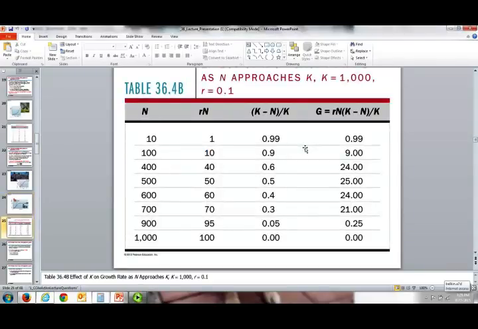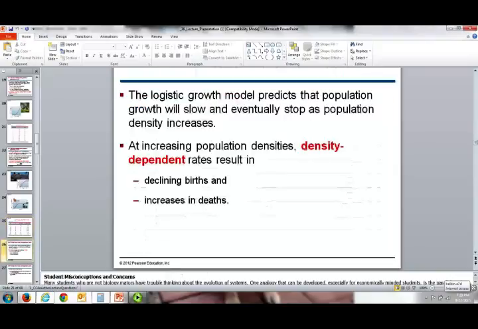And again, these are the data points in the table. Logistic growth models predict that population growth will slow and eventually stop as the population density increases. That's a lot more realistic than thinking you're going to have unlimited growth for an unlimited amount of time.